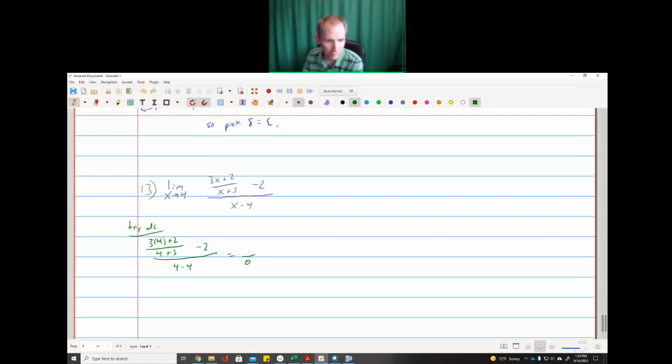Let's see if it gives me any information though. 3 times 4 is 12, plus 2 is 14. In the bottom I have 7. 14 over 7 is 2, minus 2 is 0. Okay, so it doesn't look like an infinite limit, and the downside here is that I don't have a polynomial in the numerator, so I can't factor it.